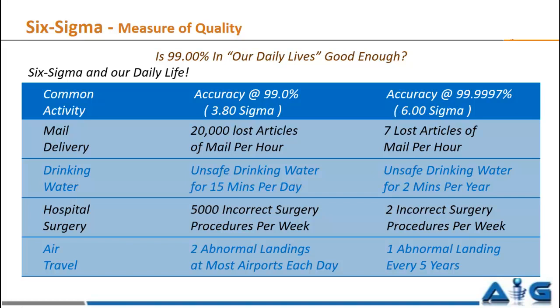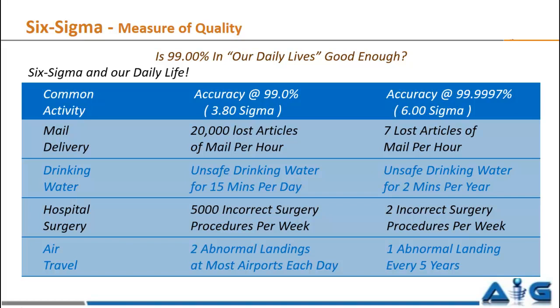Now the question is, is 99% good enough, or even is 6 sigma good enough? You will have to decide the acceptable level of sigma depending on the outcome, the price that you will end up paying for being incorrect. As a hospital, am I okay with 2 incorrect surgeries per week? Even Six Sigma is not good enough. Maybe we have got to improve even further.